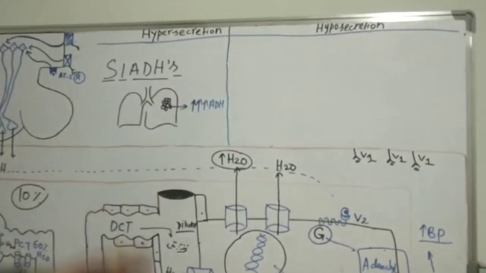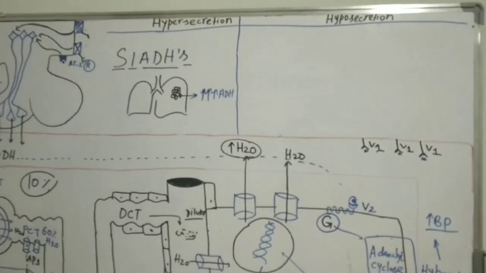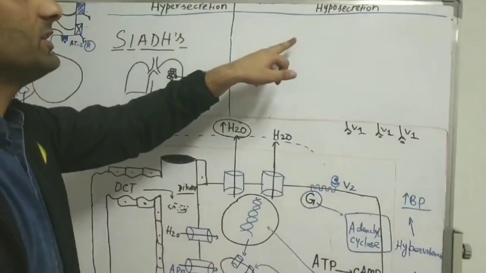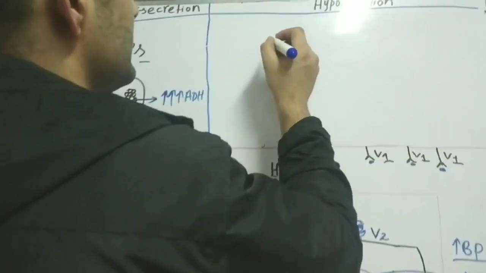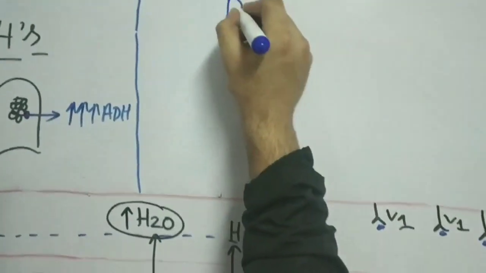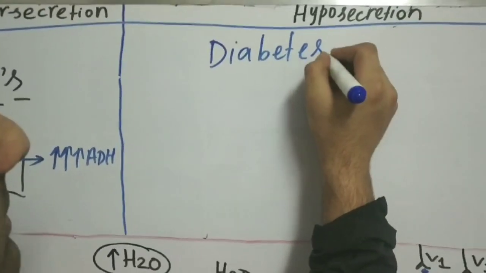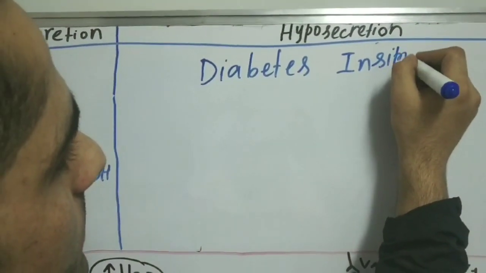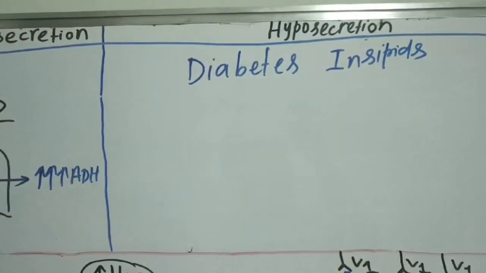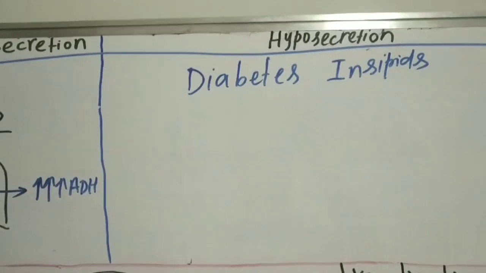Now, hyposecretion of ADH is seen in the disease known as diabetes insipidus. Diabetes insipidus is divided into three categories.